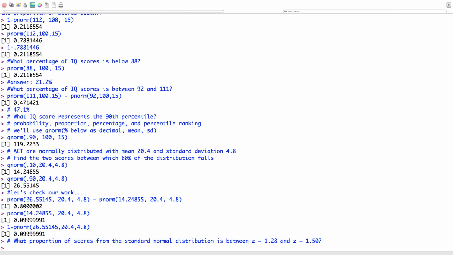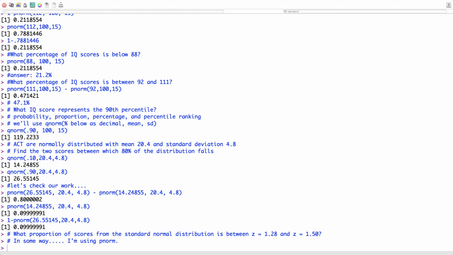Now, let's think methodically. We're asked to find something that starts with a P, so guys, I am guaranteed in some way I'm using pnorm.